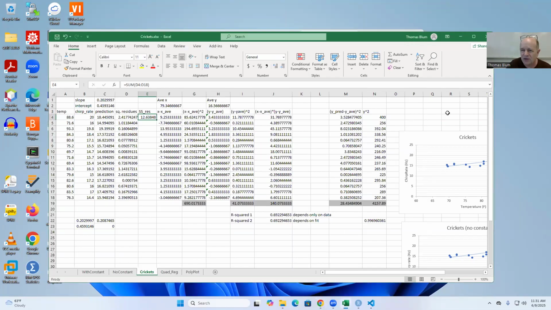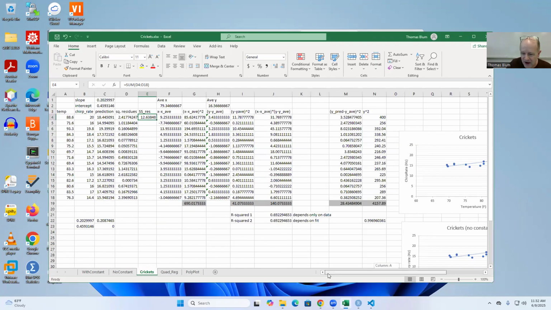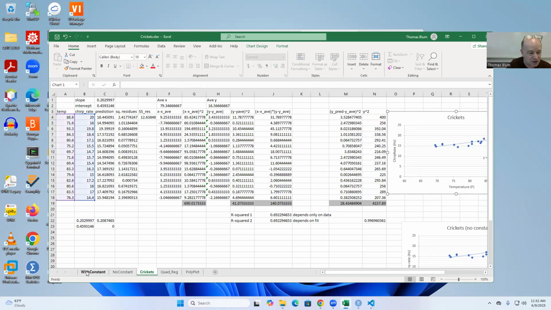And then sometimes I was working with just this data of crickets, how fast they chirp as a function of temperature. And so I had that data here and plotted it. And then I brought up the regression.